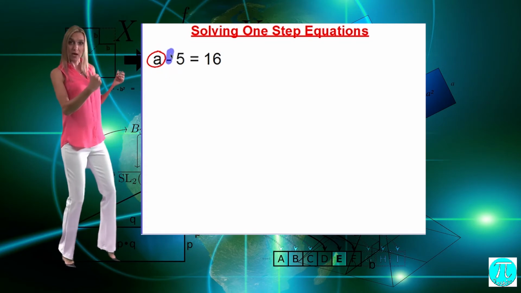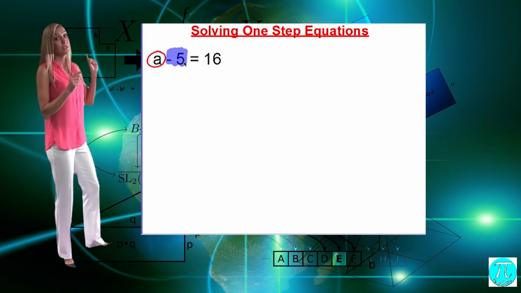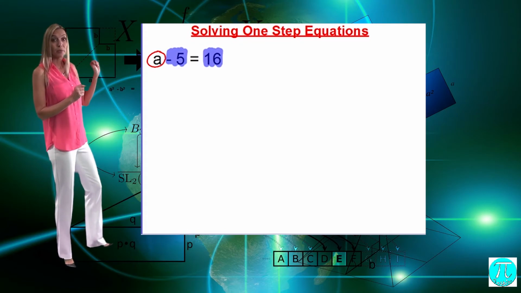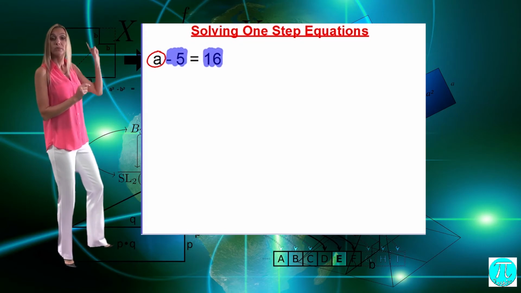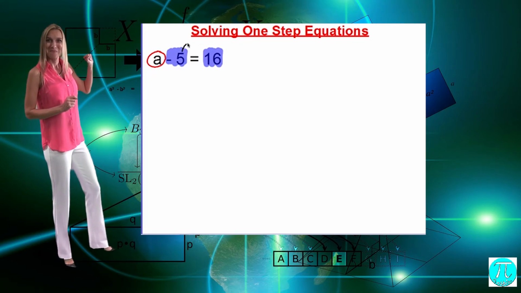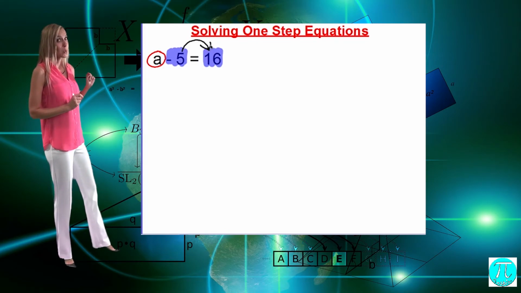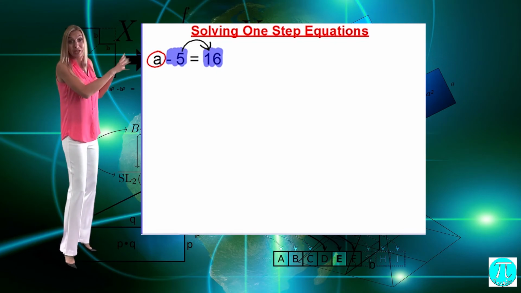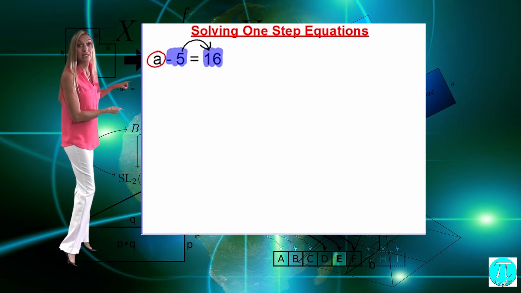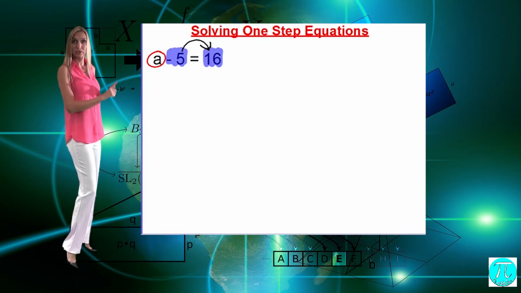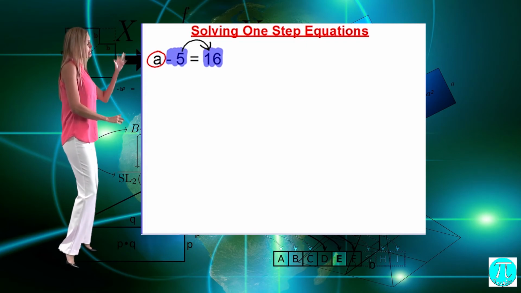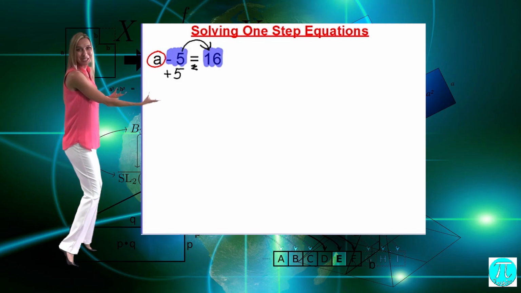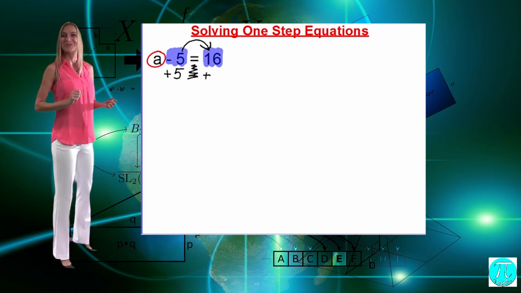So the minus 5 is saying, hey, please get me away from the variable a. Variable a wants to be alone, and I want to be with you, 16. Well, the only way to make the negative 5 to be gone from that side is by adding it, right? We're going to do the opposite of what we see. And if I add something on this side, I have to make sure I add it on the other side of the equal sign.